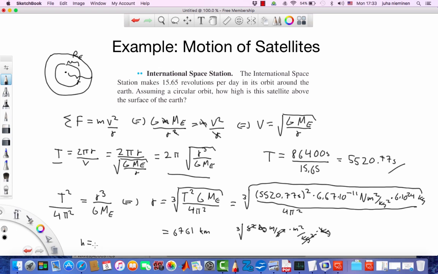So altitude would be the radius minus the radius of Earth: 6,761 kilometers minus the mean radius of Earth, 6,378 kilometers, depending on the source, that's what we usually use. And we get about 382 kilometers for the altitude of the orbit. So about 400 kilometers.